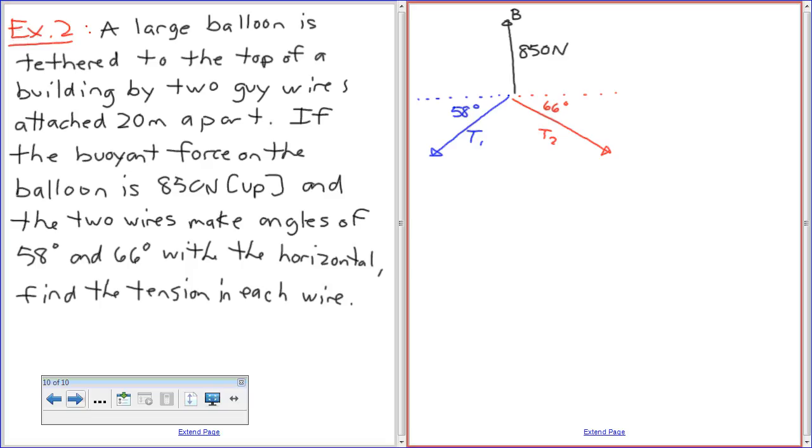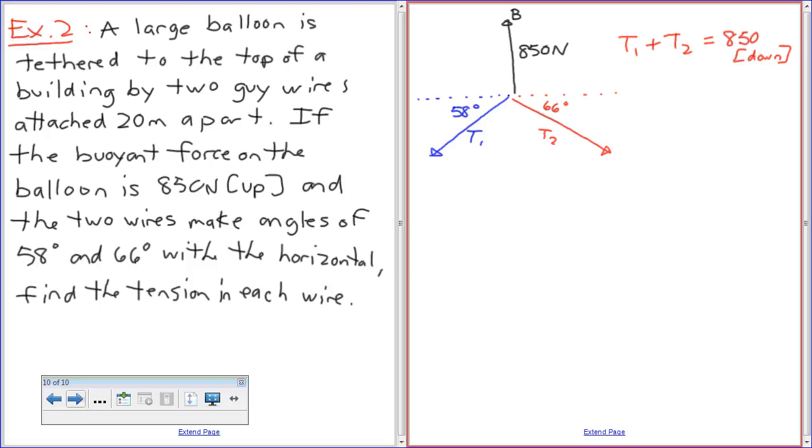In order for there to be a net force of 0, the balloon is pushing upwards at 850. What we're saying is T1 plus T2 has to equal 850 down. The reason is that the balloon is pushing up at 850, so the tension of the two wires together has to equal 850 down.